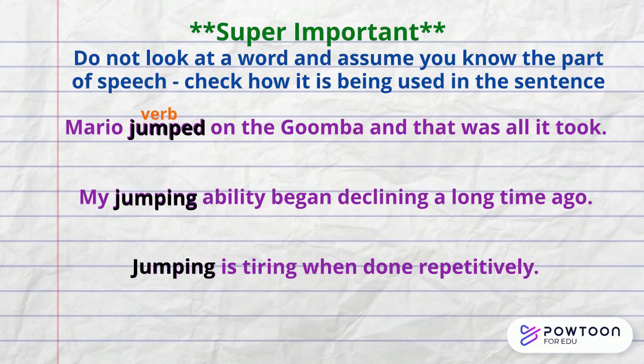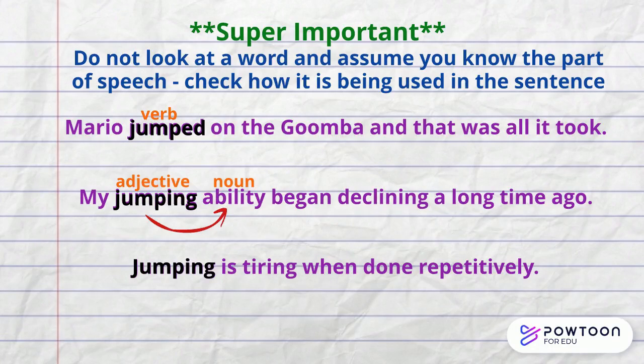But take a look at that second example. My jumping ability began. What is jumping doing in that sentence? It's describing the word ability. Ability is a noun in this sentence, acting as the subject. So jumping must be an adjective. Then in the last sentence, we know is would be a linking verb.